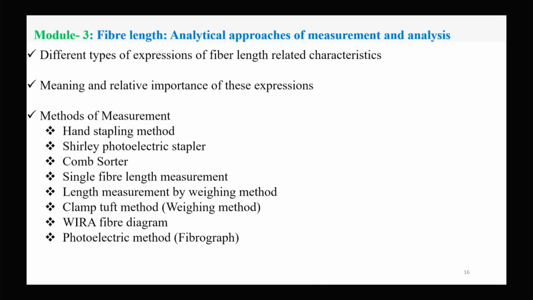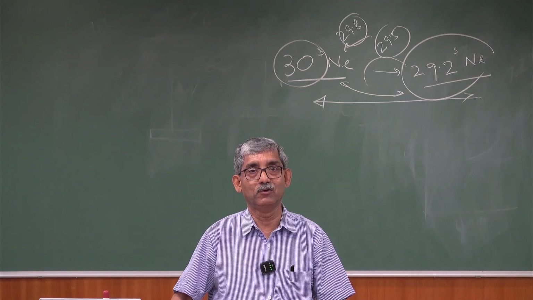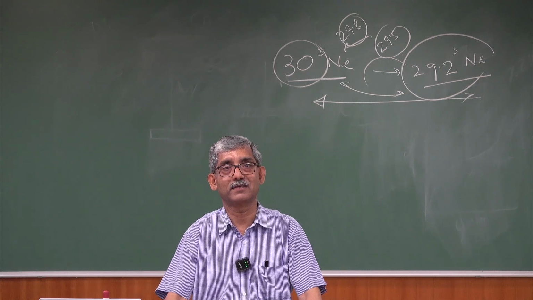But our main focus will be the analytical approach, how to analyze all this test data. Okay. Wool fiber length measurement is done by the Almeter, the automated wool fiber length measurement system.